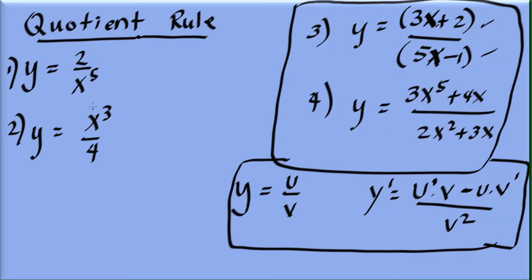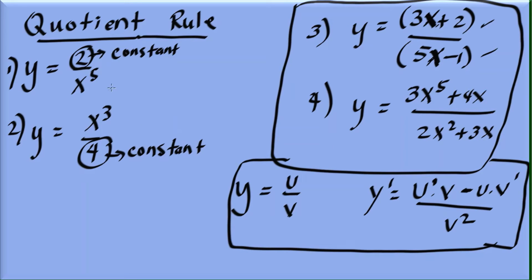Now, number 1, although you may use the quotient rule, we have some shortcut in order to get the derivative for number 1 and 2. So the shortcut or trick applies when the numerator is a constant or when the denominator is a constant.